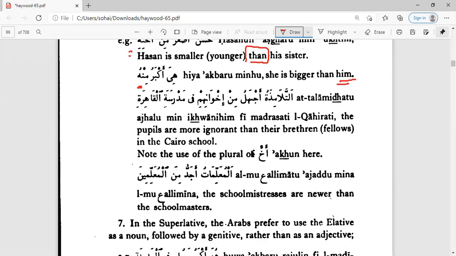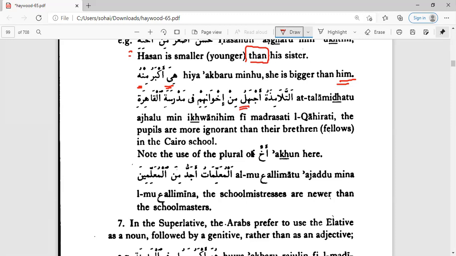And then again, look at this here. So this was feminine. We still use akbar. Now this is plural. At-talamizatu, the students or the pupils, mean the same thing. At-talamizatu ajhalu, are more ignorant min ikhwanihim, than their brothers fi madrasat al-Qahirati, in the Cairo school, or in the school of Cairo.